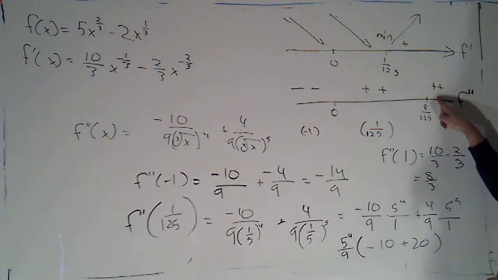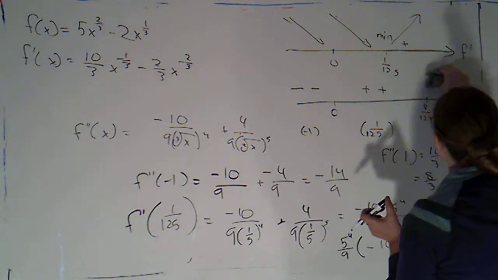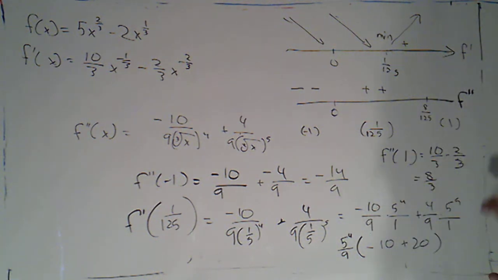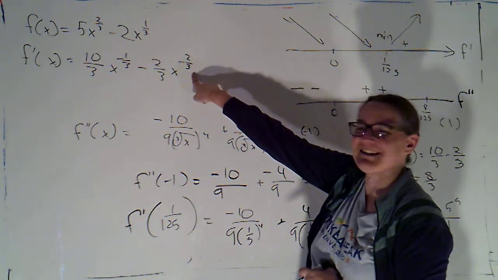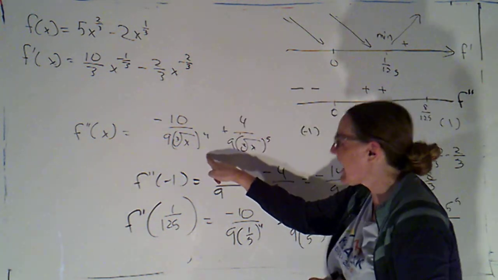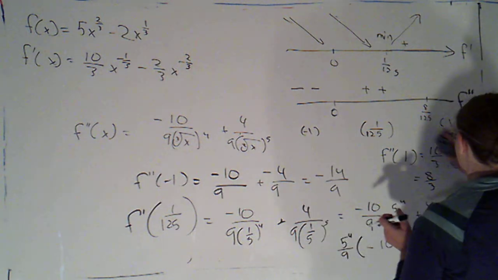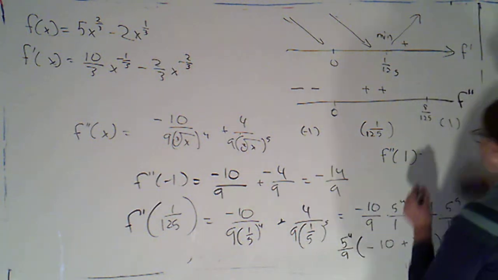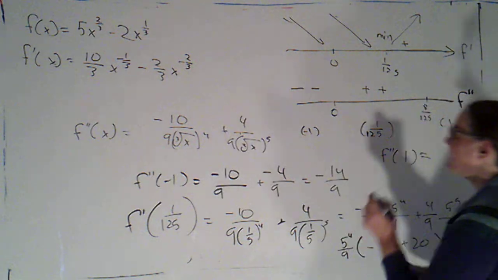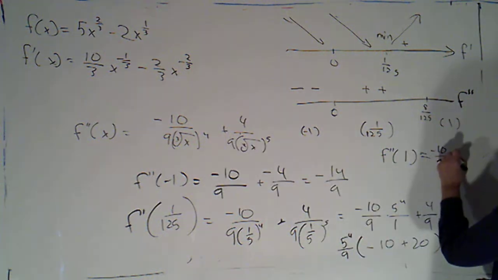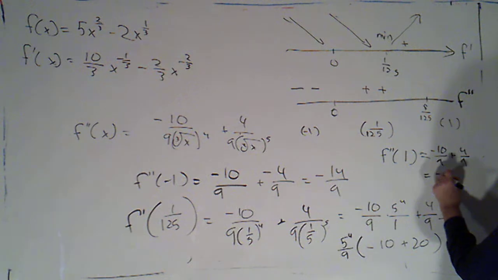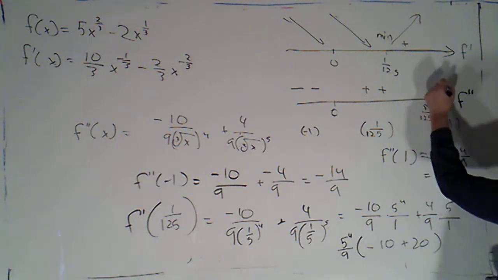Oh, I'm sorry, I plugged into the wrong function. I'm supposed to be plugging into the second derivative. So if I plug 1 into the second derivative, I'm going to get negative 10/9 plus 4/9, which is negative 6/9, which is negative.